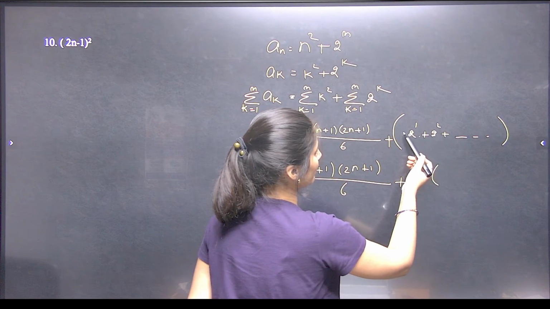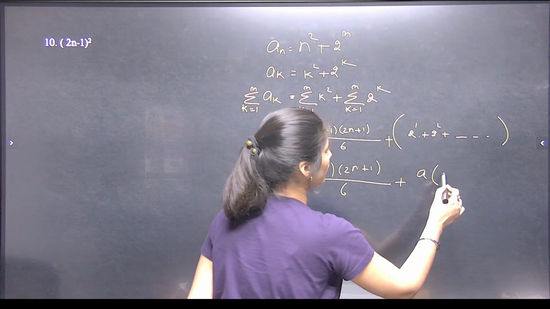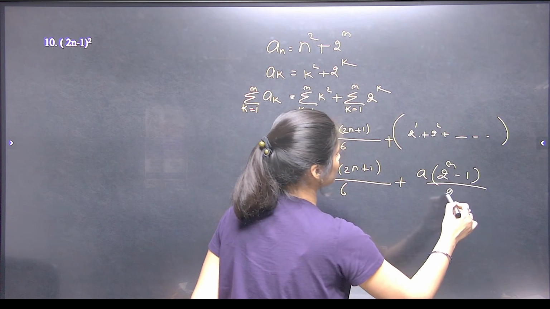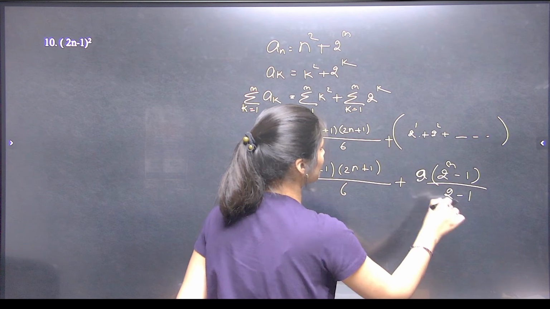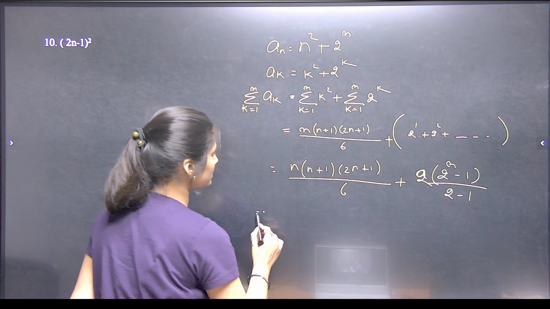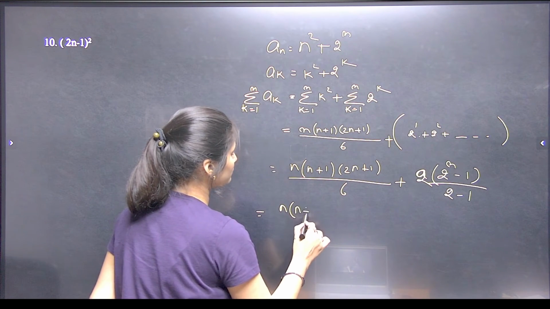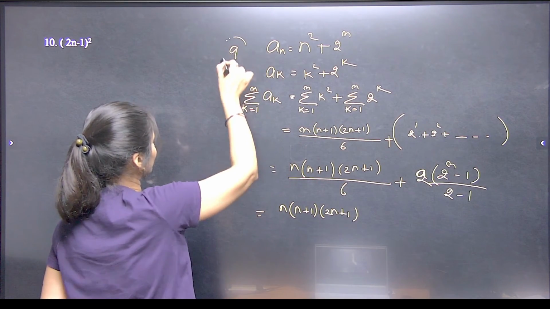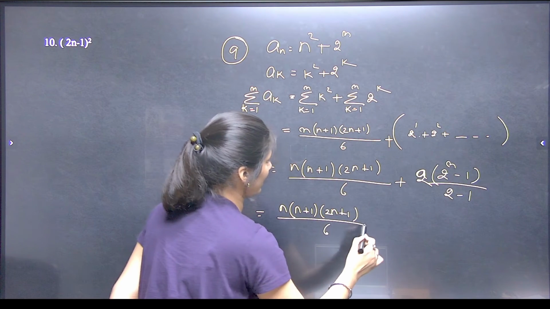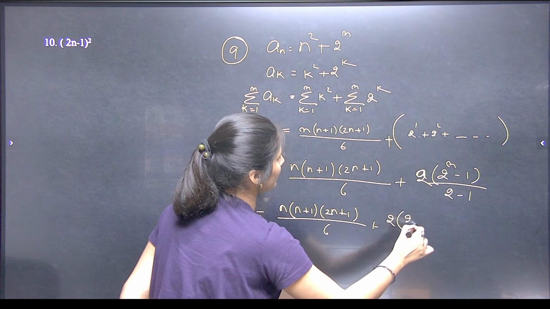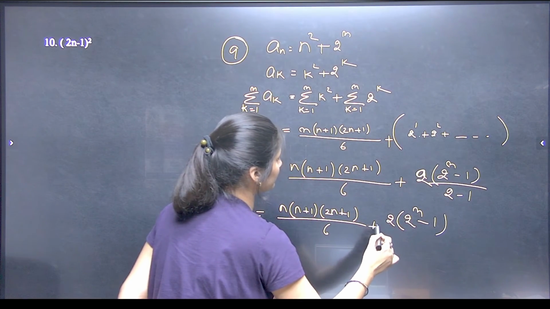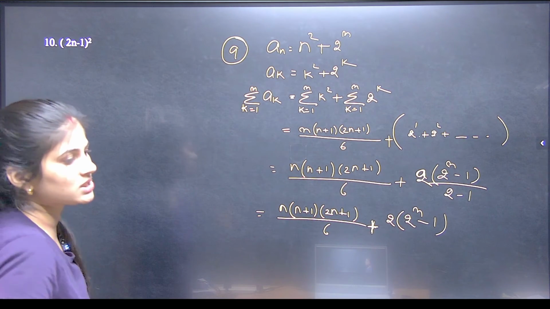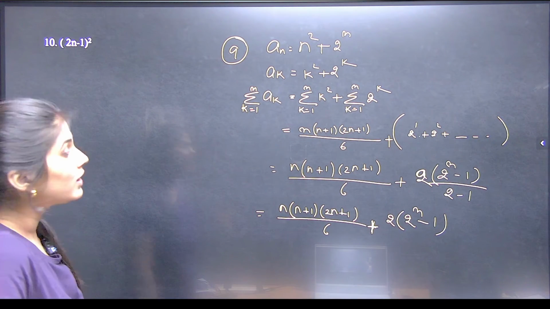What is r? 2 square by 2 is 2, and the first term a is nothing but 2. So it is n(n plus 1)(2n plus 1) by 6 plus 2 into (2 to the power n minus 1). We cannot proceed further, and we don't need to. That's it. This is the answer of question number 9.